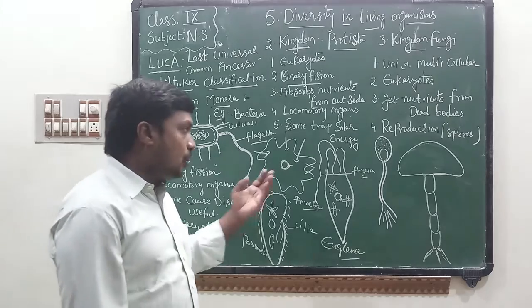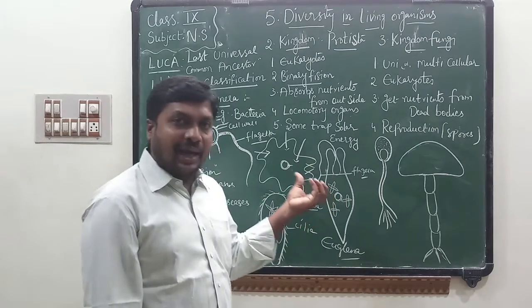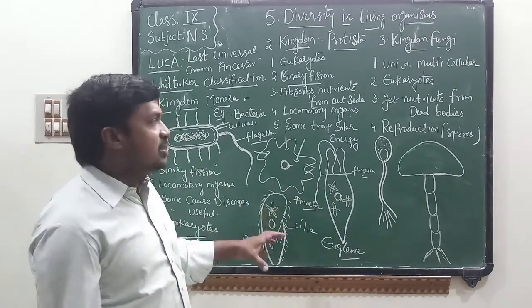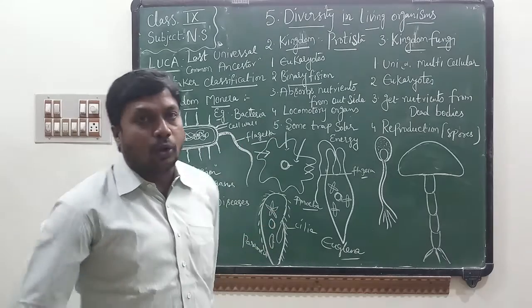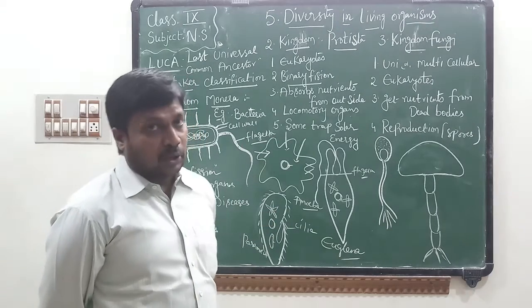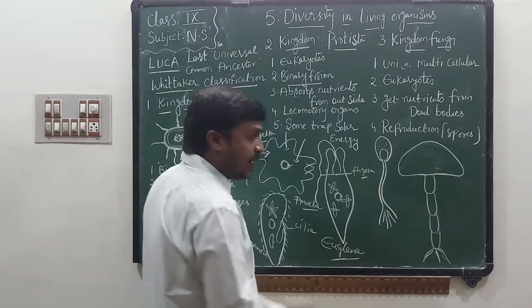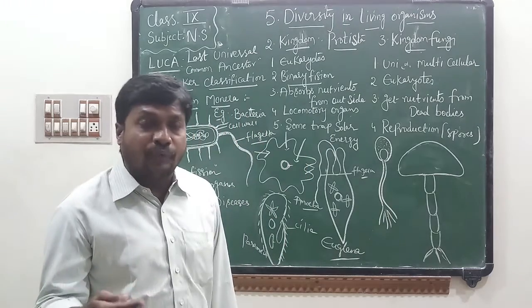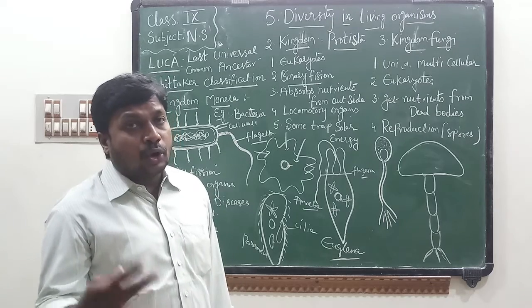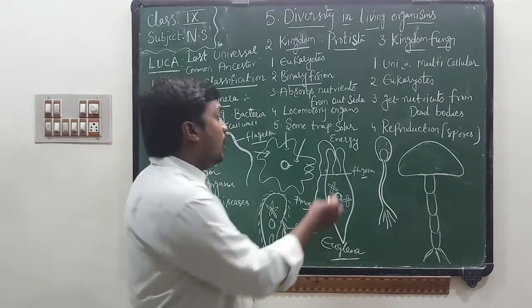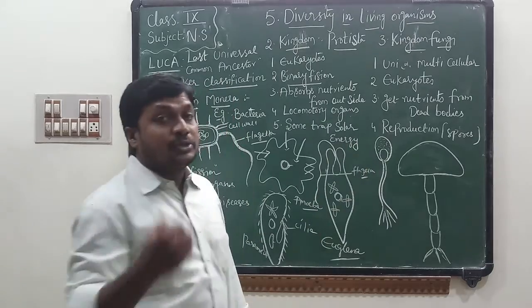Some have pseudopodia, some have flagella, some have cilia. These are all structures helpful for locomotion in Protista. Some trap solar energy. For example, euglena has chlorophyll in its body, which helps to trap solar energy.